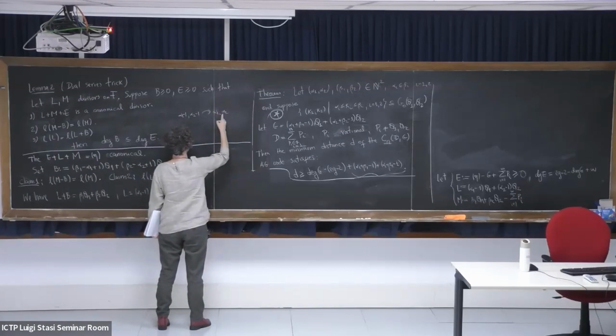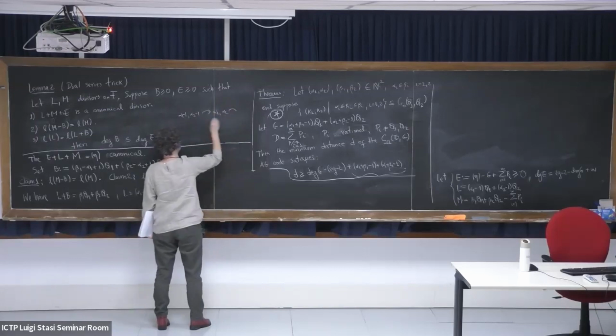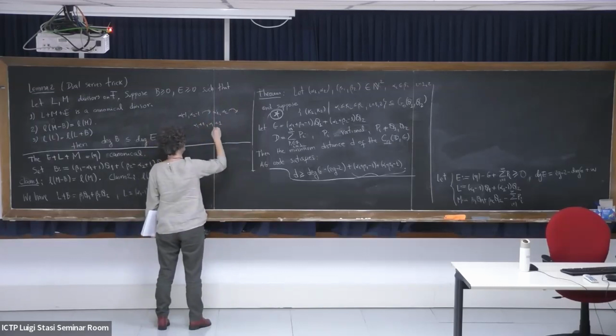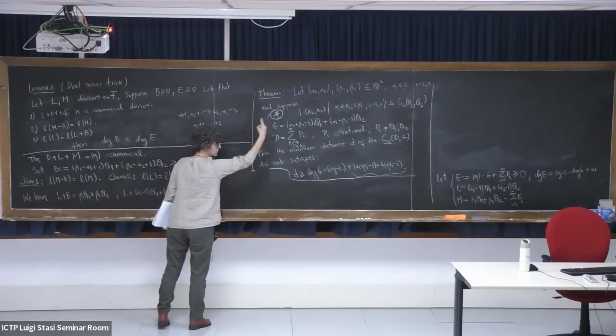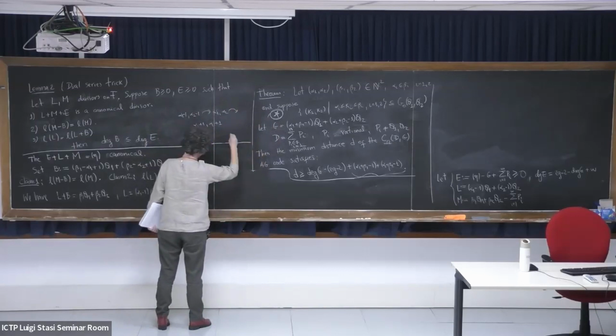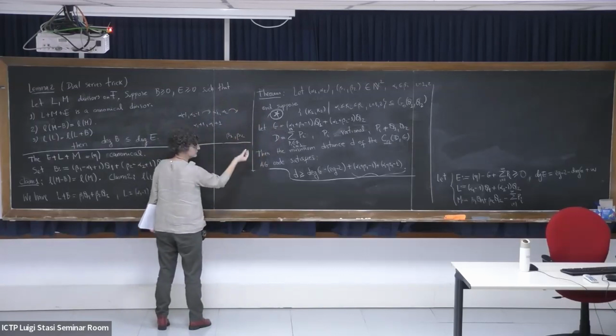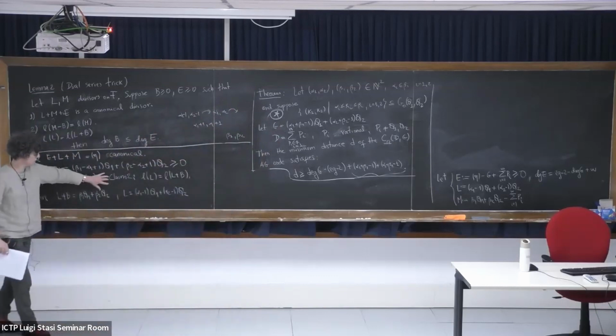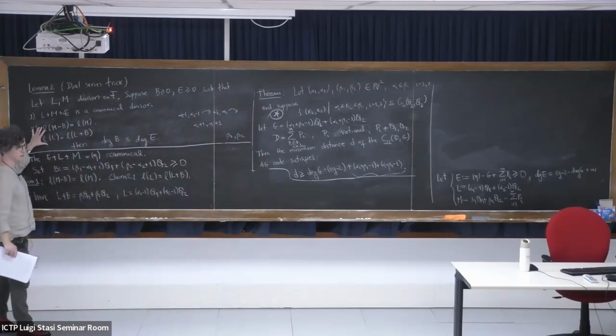But these are also pure gaps, so you can go to alpha 1 plus 1, alpha 2 plus 1. Since these are pure gaps, you can just keep adding 1. So at a certain point, we will achieve beta 1, beta 2. Okay, so this is the proof of the second part, that this is equal to this.